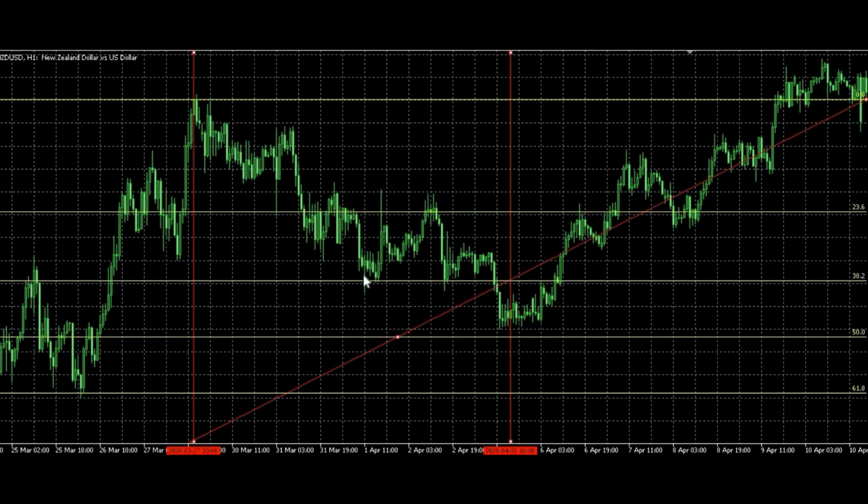Then comes the B, and as you see, we have 3 waves here. This is A, this is B, and this is C. The top of the A is higher than the top of the C. It's quite a normal thing, and this is the first wrong thing here.